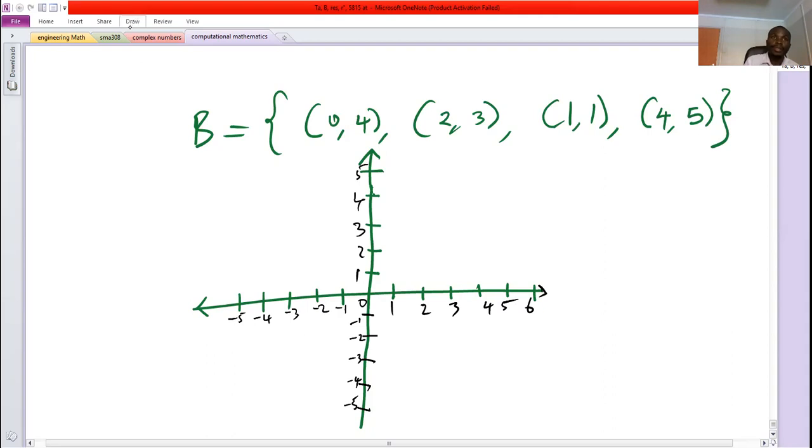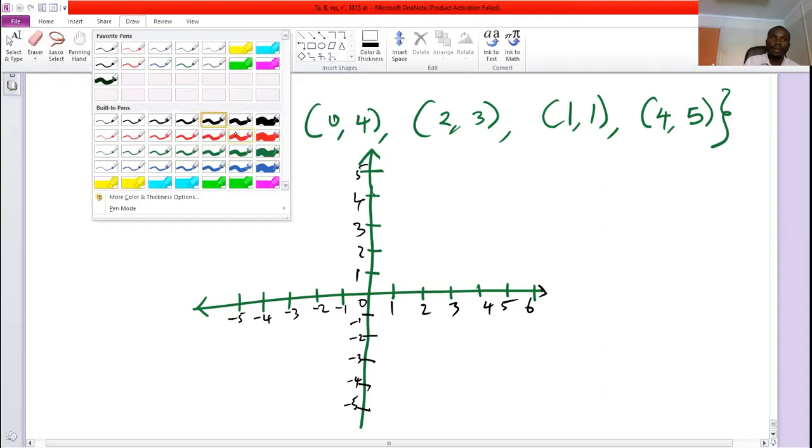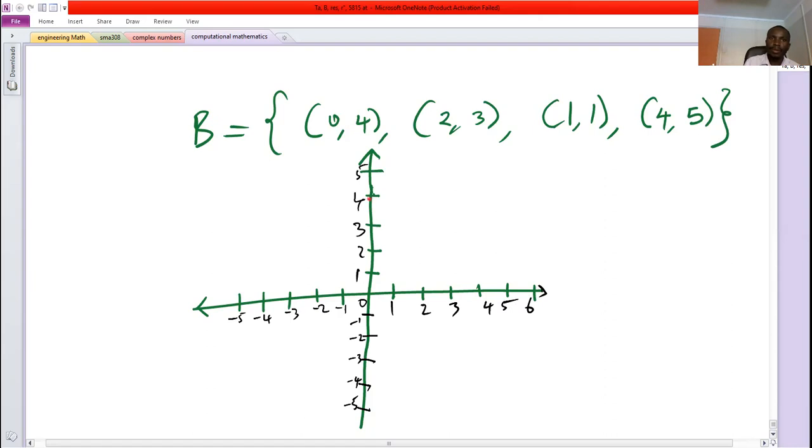Then we plot the points. So (0, 4), this point here. (2, 3) will be here. (1, 1) is the point here. (4, 5) is this point, 4 on X, 5 on Y. So that is how we graph the relation.